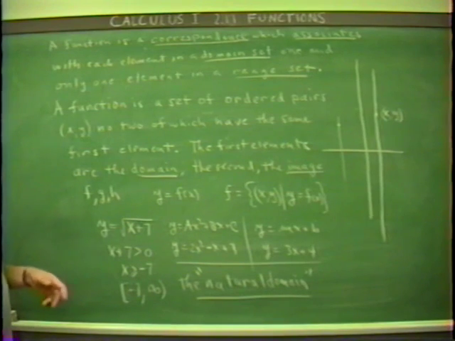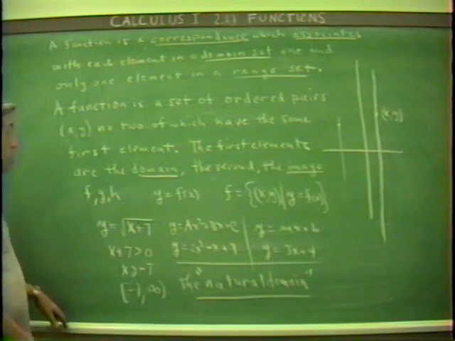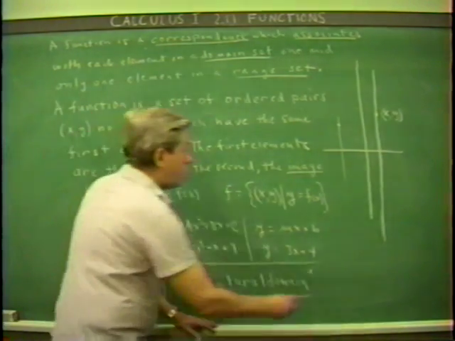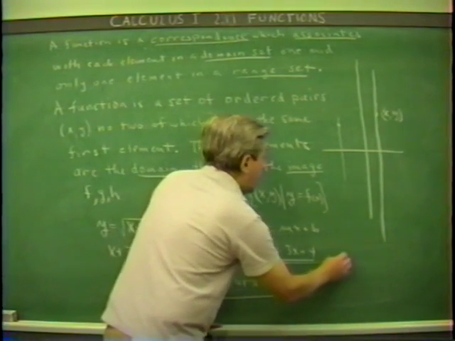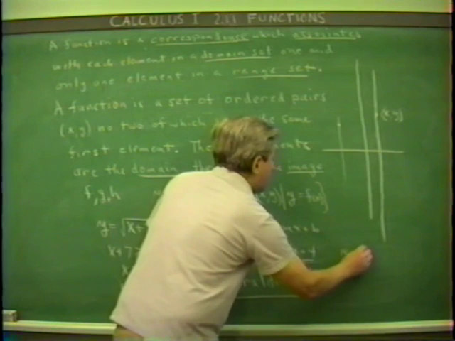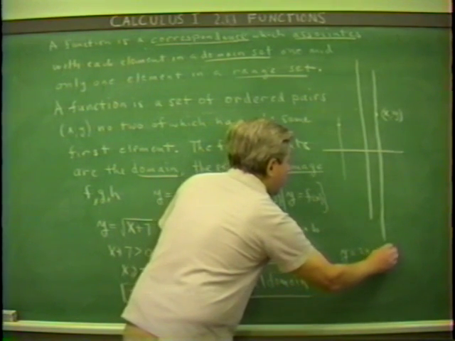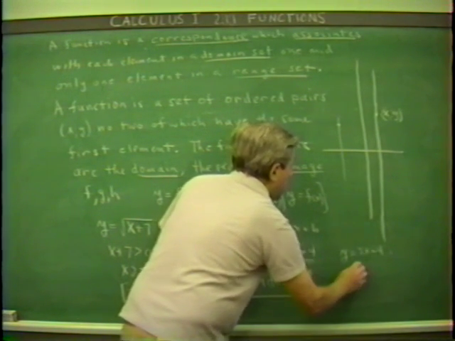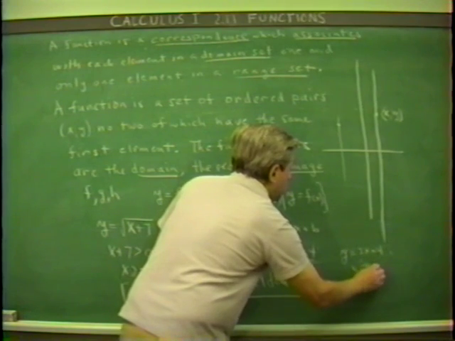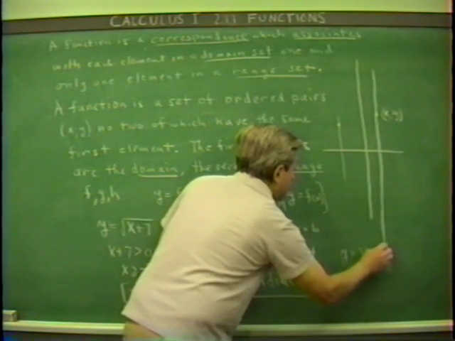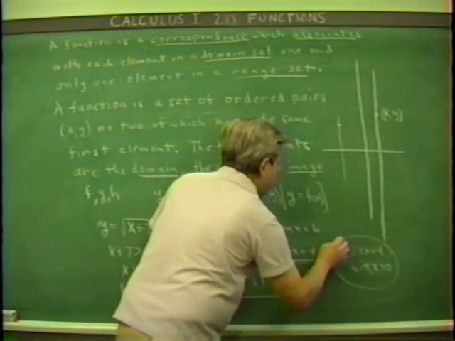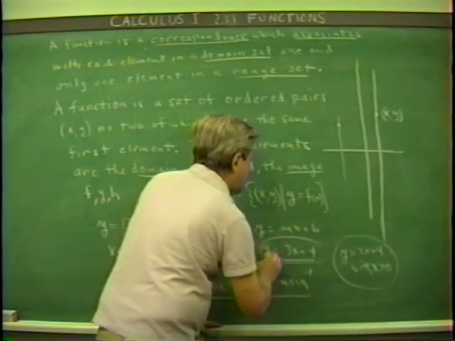Now, sometimes you don't want just the natural domain. You might want to, for example, consider this function here, but not for all values x. y equals 3x plus 4 with x, let's say, greater than 0. This collection of pairs is a different collection than this one.